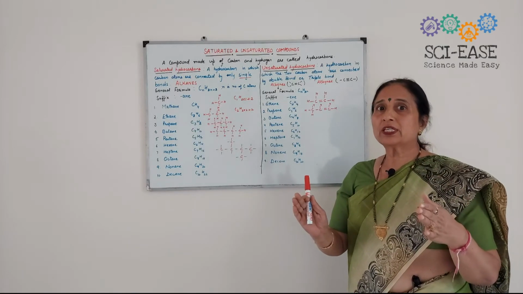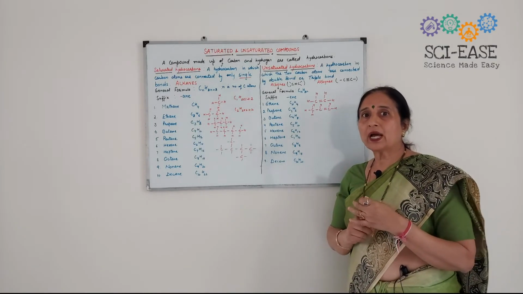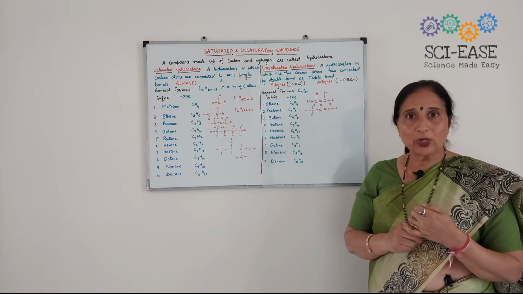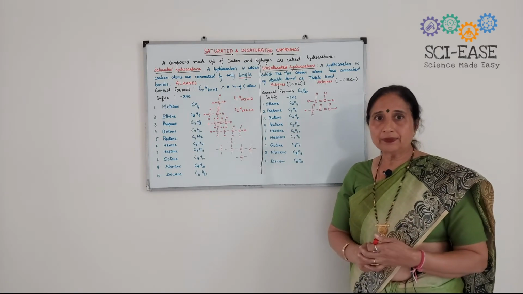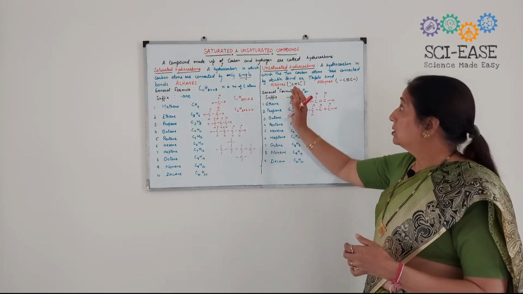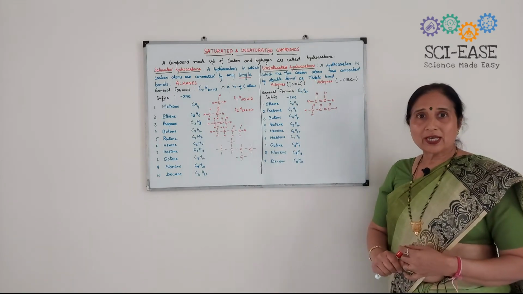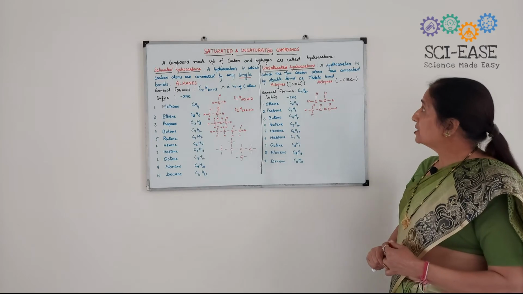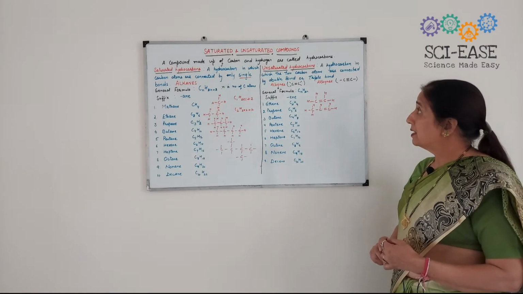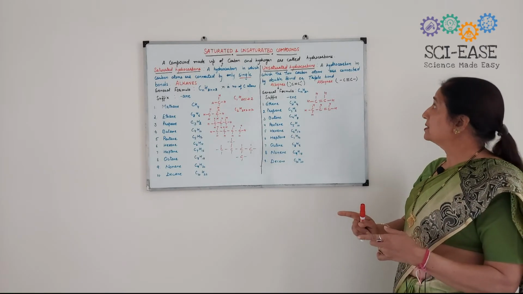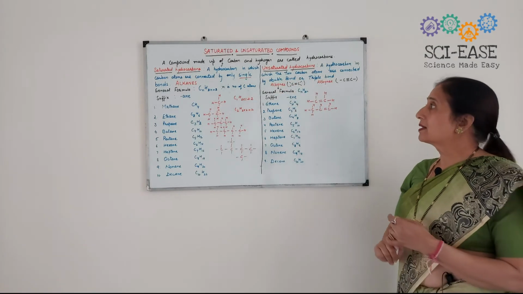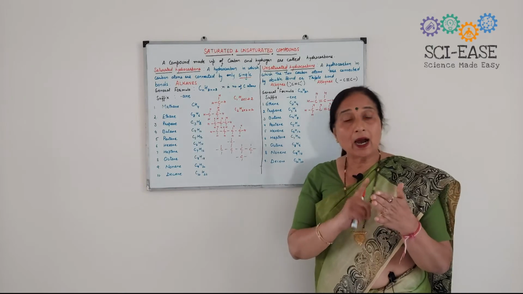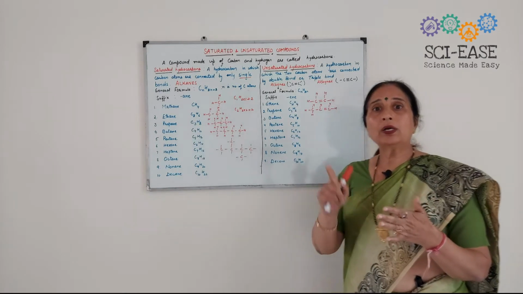The source of the saturated as well as unsaturated hydrocarbons is petroleum, that is crude oil, which is underground. Now, come to the unsaturated hydrocarbons. Unsaturated hydrocarbons are those hydrocarbons in which 2 carbon atoms are connected by either a double bond or a triple bond.